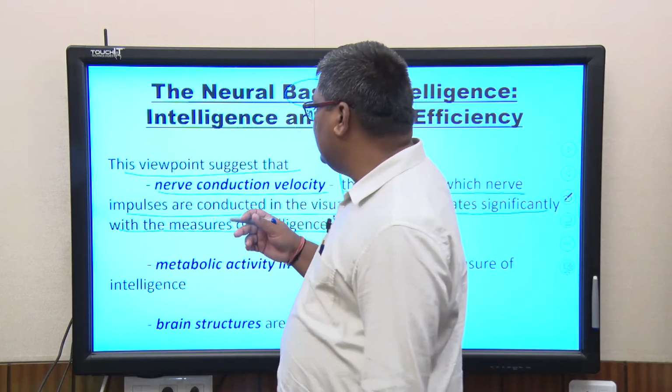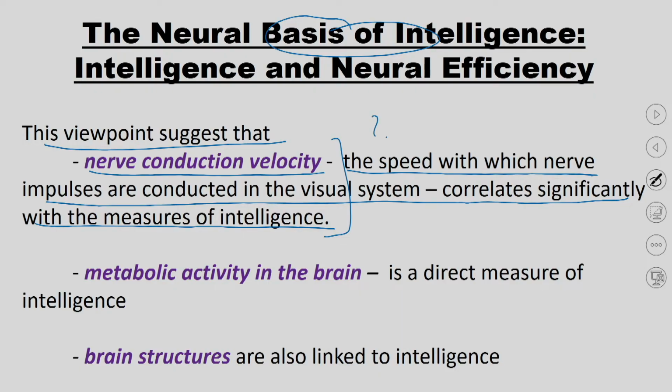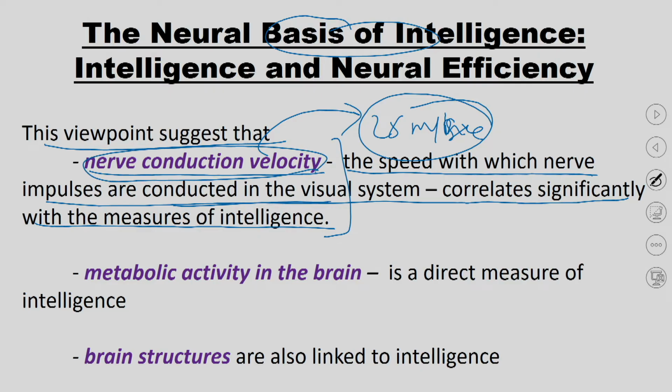So, for some people it moves at a very fast rate, almost 25 miles per second or per hour is the rate of nerve conduction velocity. That is the standard rate, but it may vary from person to person, and the faster it moves within the visual system is defined as intelligence.